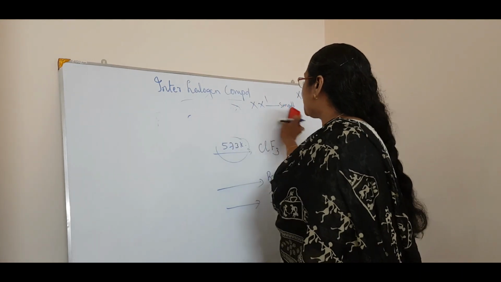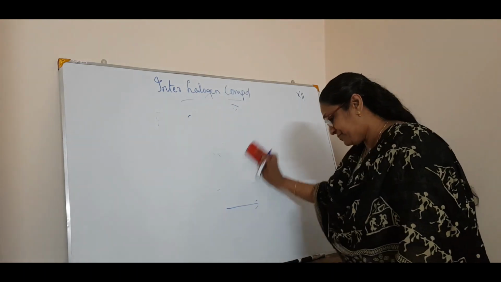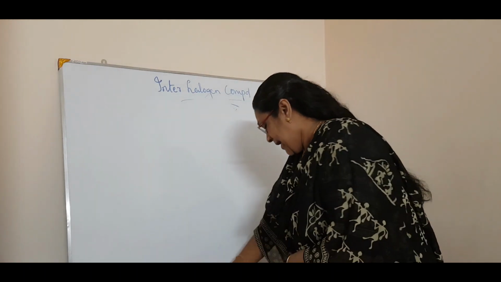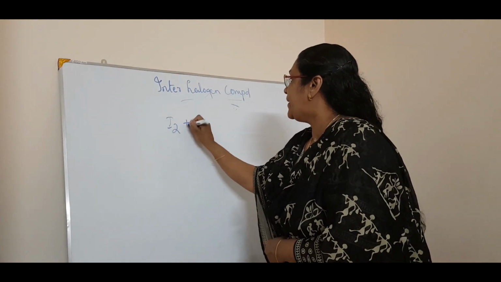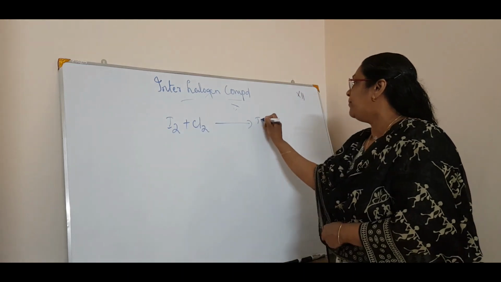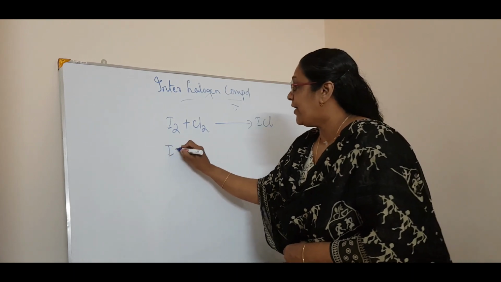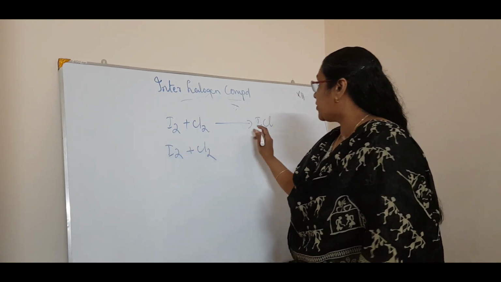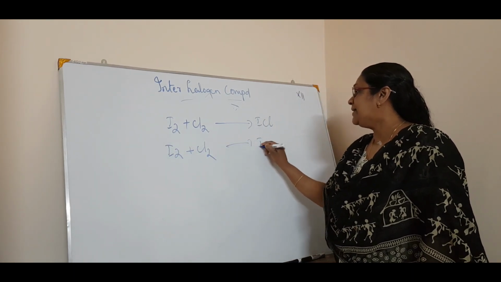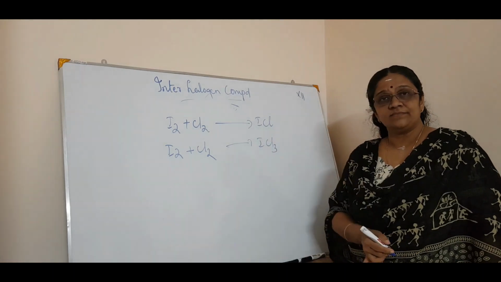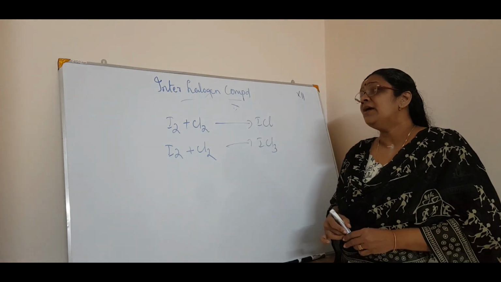Again, one more reaction in the case of iodine. You know iodine plus chlorine in equal volume will give you ICl, in the same way as fluorine and chlorine. And iodine plus chlorine, if the chlorine is in excess, you will get ICl3, the same reaction as we covered for fluorine and chlorine.